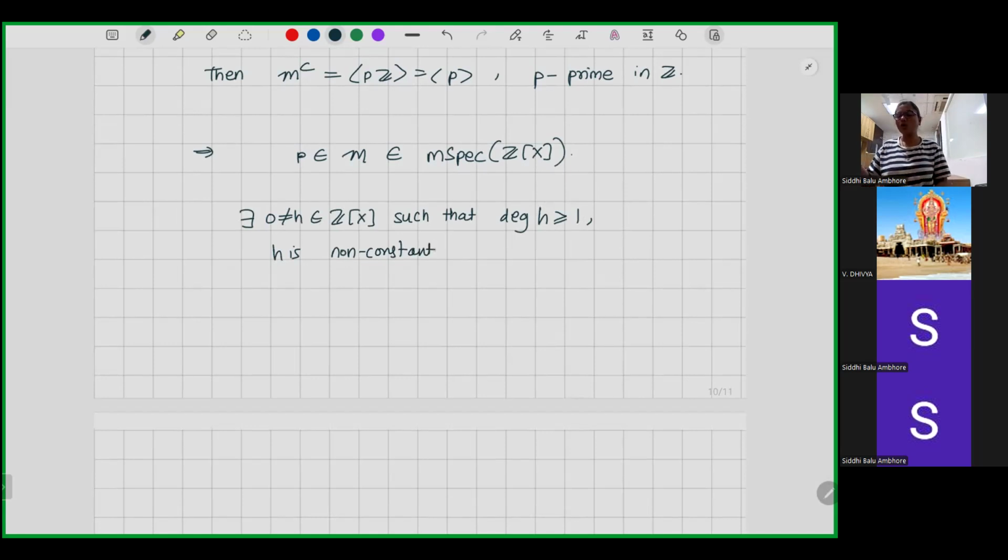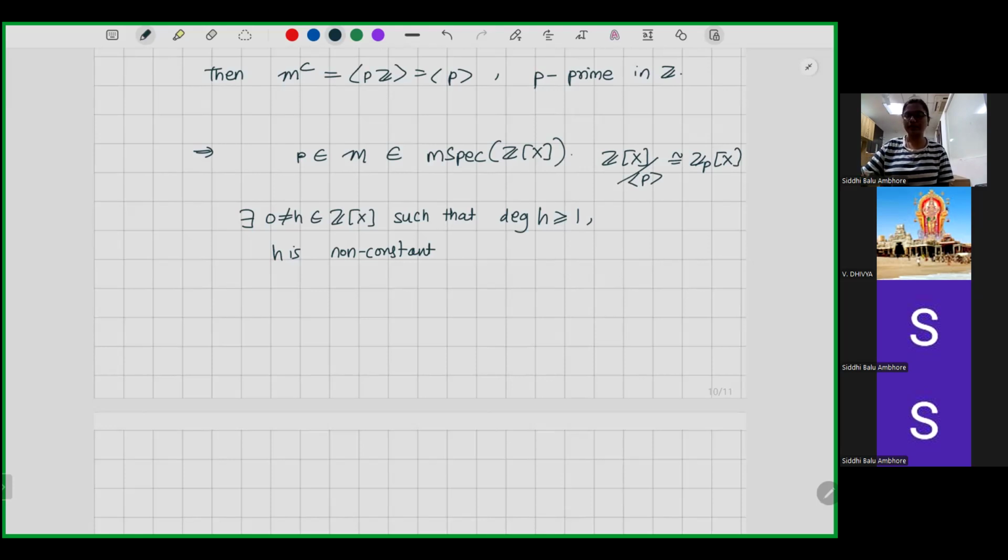Because once I go modulo P, this is isomorphic to Z_p[x]. Okay, so the coefficients are all invertible in that case.